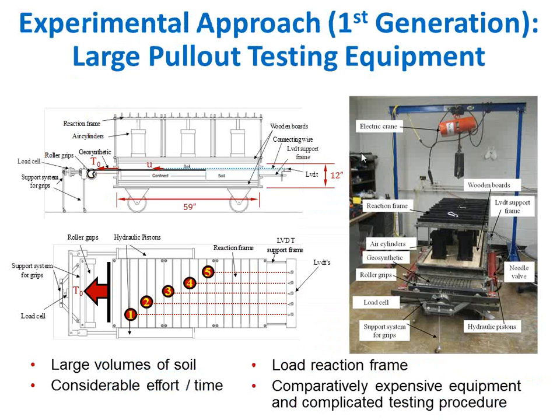This test, again, uses a modified pullout test device that, in cross-section, looks something like this. This is not exactly how it is, as we have modified the normal load application system, but the idea is that if this is the reinforcement, we apply the loading here.